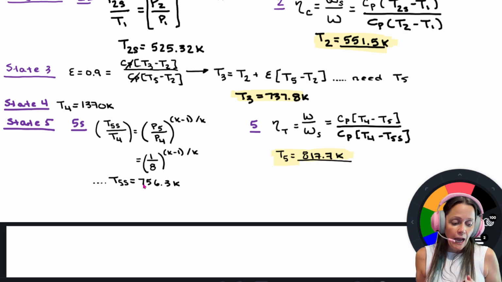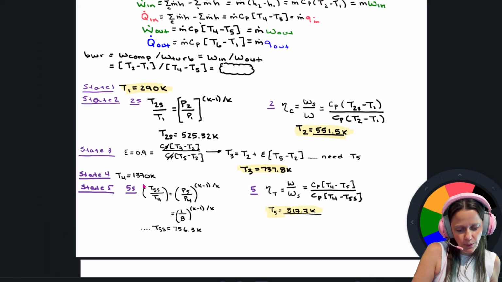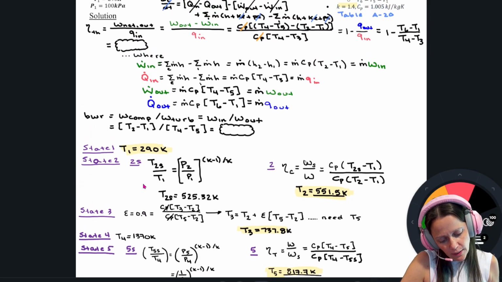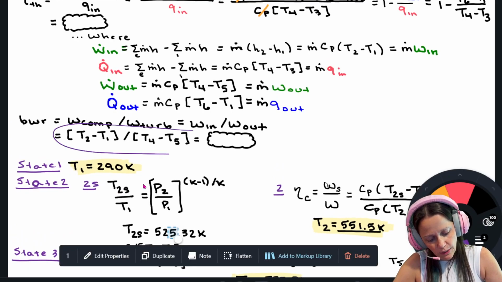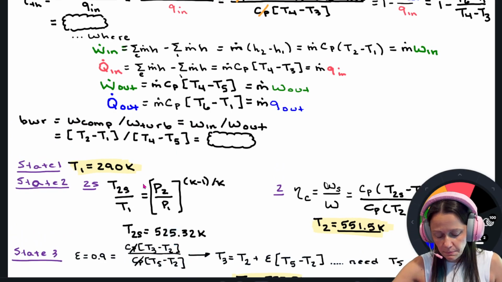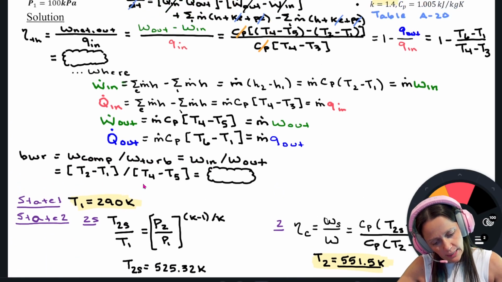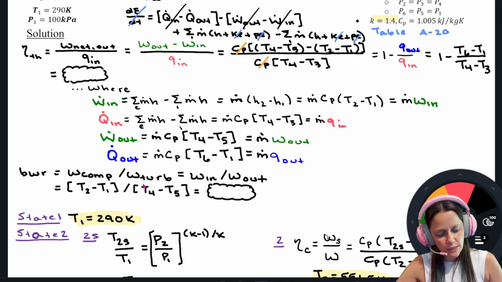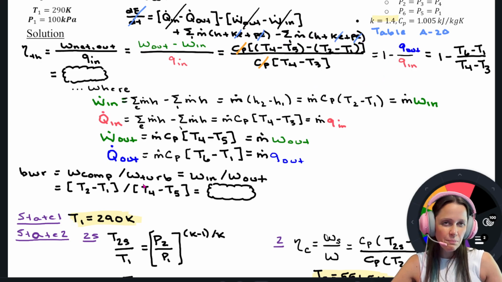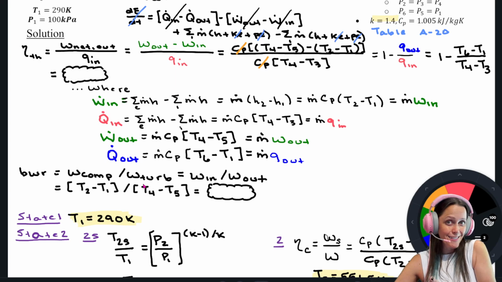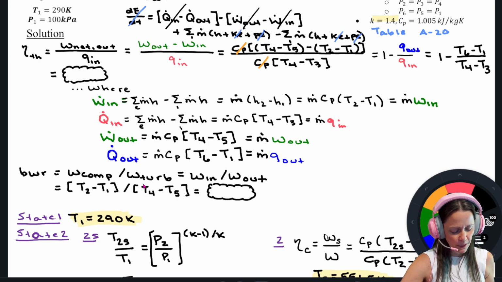Now, I don't really need T6 for the back work ratio. And if I use this thermal efficiency equation, I don't really need it, but I'm going to calculate it anyway because you may be asked on a test to calculate all the unknown temperatures.